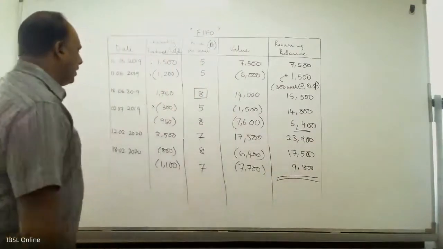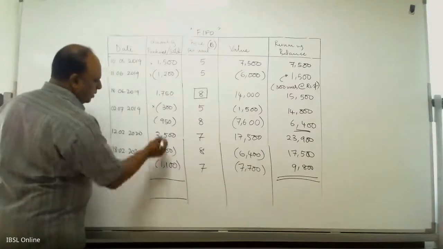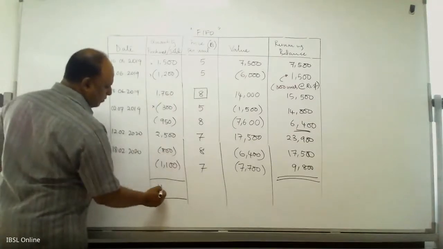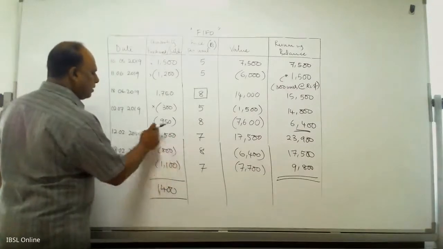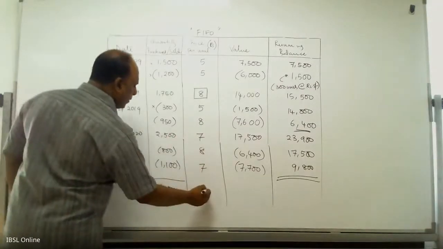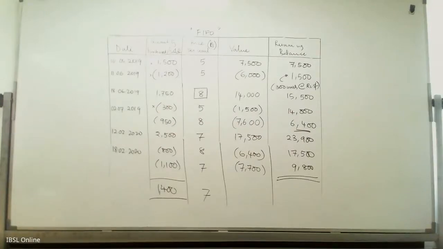If you just simply look at it, this will have an answer of 1,004. 1,004 means the remaining from this, and that will be at 7 rupees. That will give you 9,800. Okay. So this is how you do it in FIFO method.